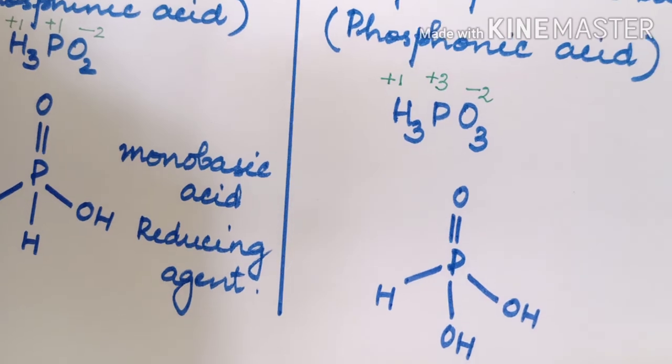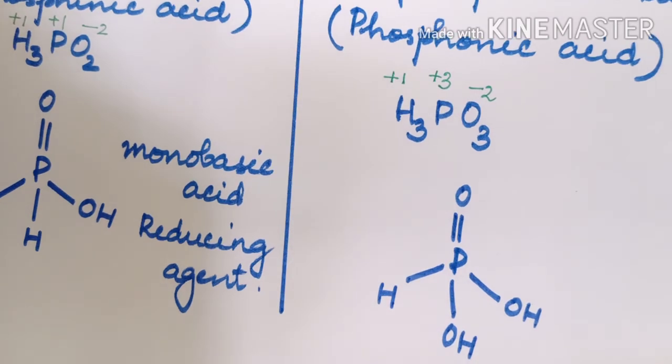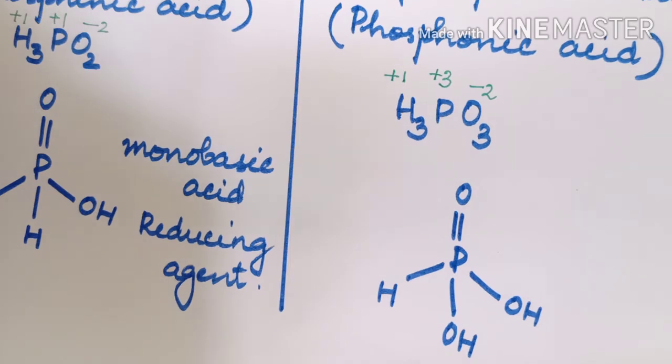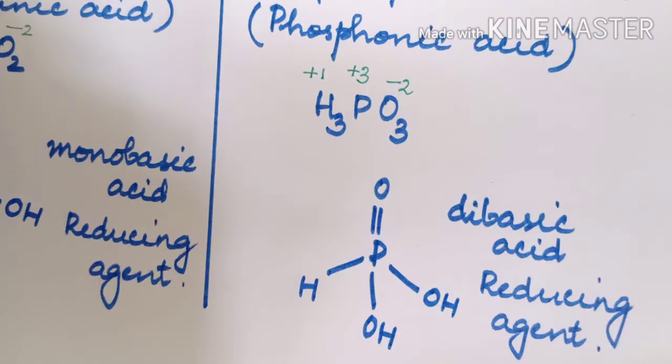On examining the structure, we can understand that one P-H bond is there, so it can act as a reducing agent. How many replaceable hydrogens are there in the molecule? We find two replaceable or acidic hydrogens are there, so it becomes a dibasic acid.